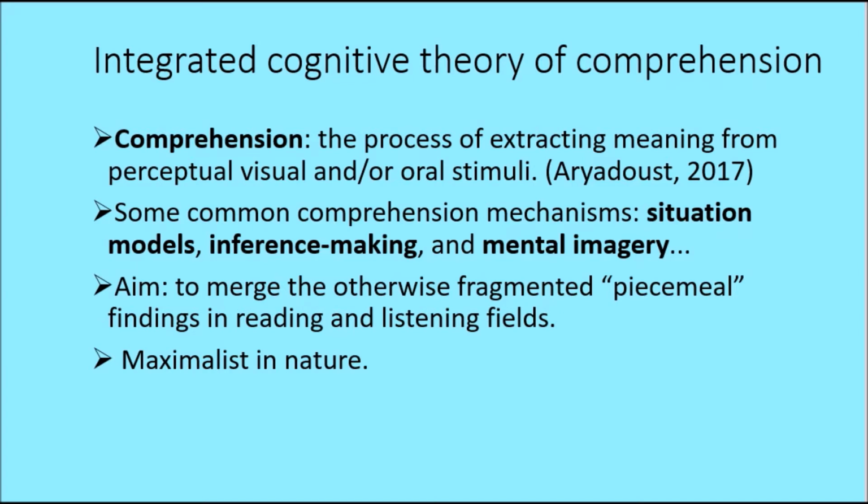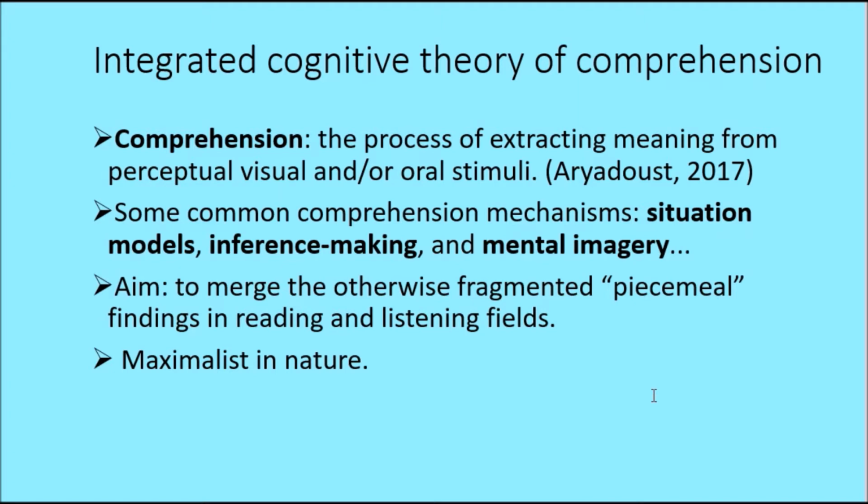Some of the common comprehension mechanisms that we have already discussed in the previous videos include the situation model, inference making, which is the process of extracting implicit meaning, and the generation of visual mental imageries or just mental imageries, which is the process of creating representations in the mind of the message that you hear or the message that you read.